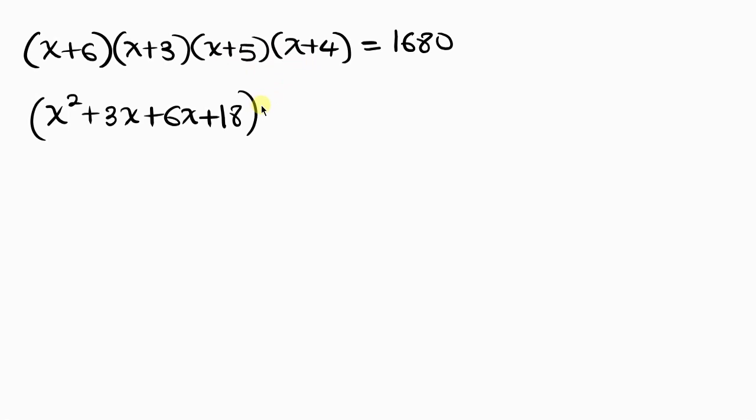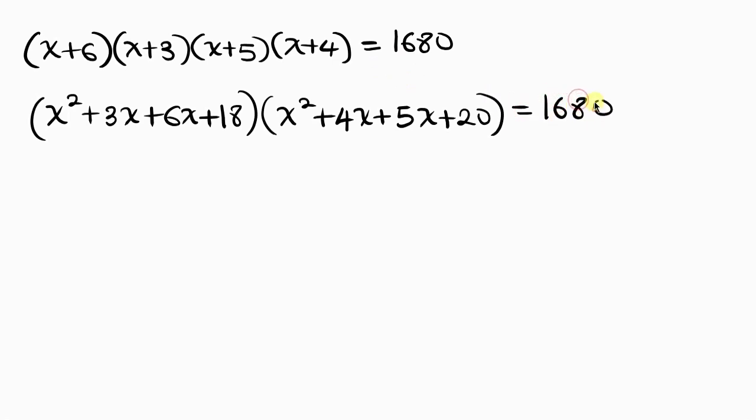This is x times x, which gives x squared, plus x times 4 is 4x, plus 5 times x is 5x, and then 5 times 4 is 20. And this is equal to 1680.